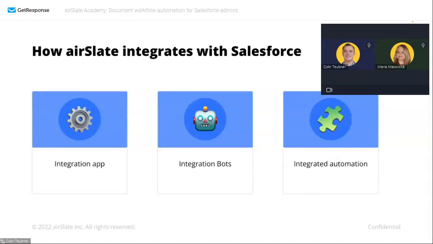The app will help you connect your Salesforce organization with your airSlate workspace. Basically, this is where you configure custom buttons that will allow your users to create various documents in airSlate and start different document workflows out of Salesforce without even knowing that there is some airSlate behind it. So your users will not need to know or worry about airSlate. That's all done in our integration app.